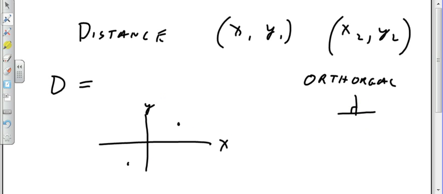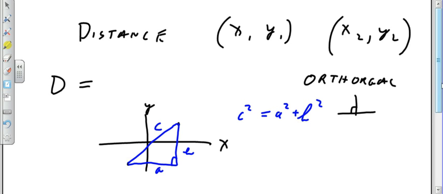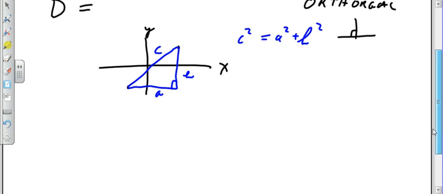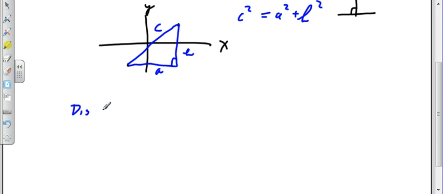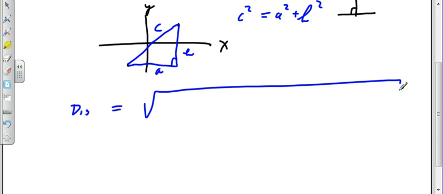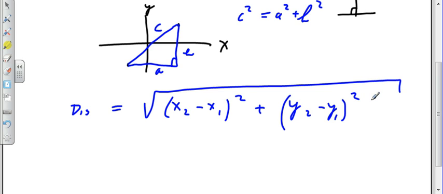So because they're at right angles with each other, the distance between those 2 points is, this is A, that's B, this is C, that's my right angle. So C squared is equal to A squared plus B squared. We've seen that before, Pythagorean theorem. So now all I have to do is say the distance between the points is going to be the square root of the change in the x direction squared plus the change in the y direction squared.